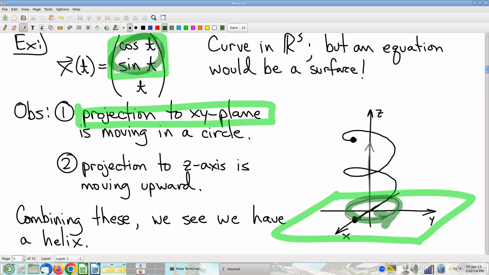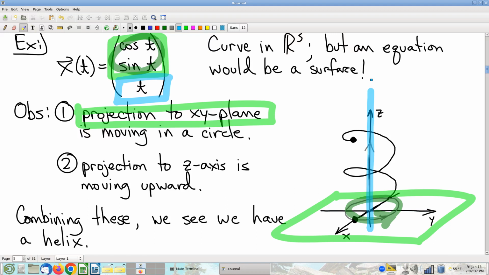Well, I can look at this part here and say, golly, that sure does look easy. Just the z-coordinate, it's t. I mean, the really easy formula. So what sense does that make if I look just at the z-coordinate? Well, in fact, that, if you think about it, is telling you the projection to the z-axis.